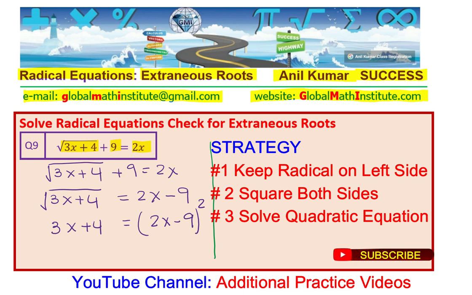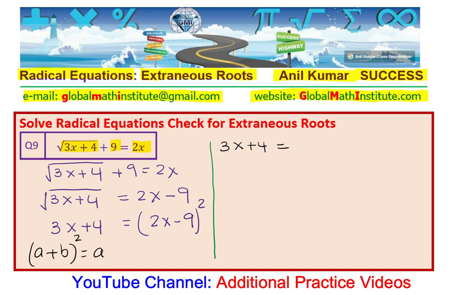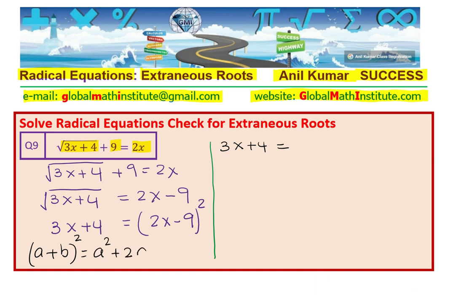So what we get here is on the left side, it is 3x plus 4. On the right hand side, when I square, I'm applying the formula (a plus b) whole square, which you know is a square plus 2ab plus b square. So (2x) whole square will be 4x square.